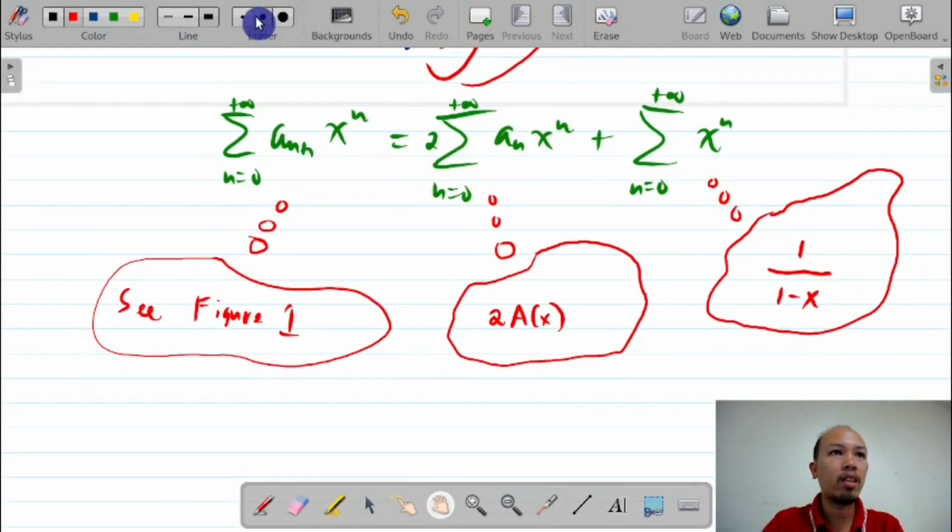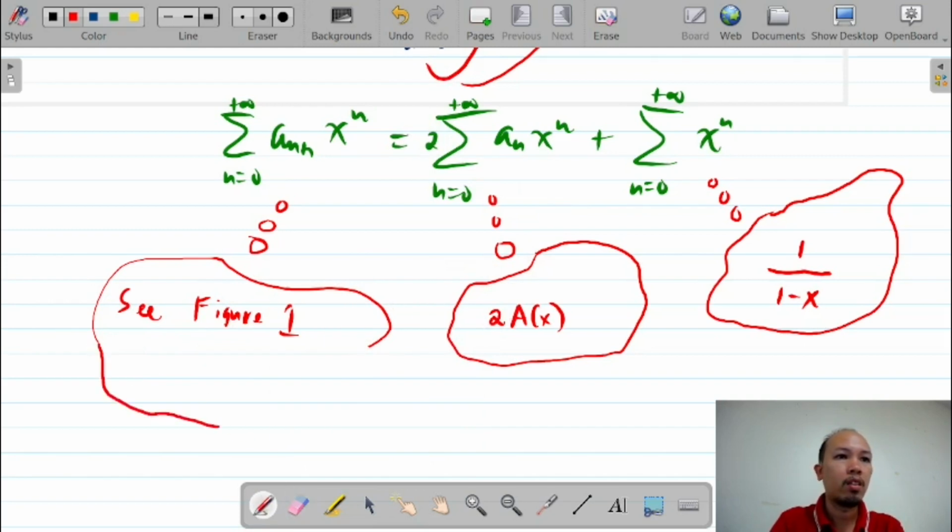Okay, so let's erase this one here. Right shift or left shift. So this is a of x minus a sub 0 over x.